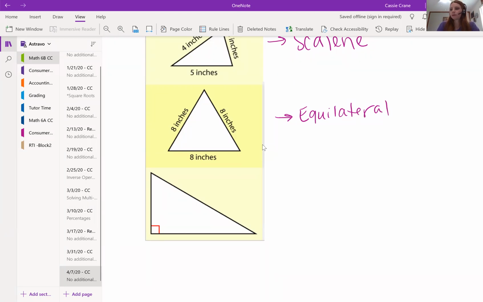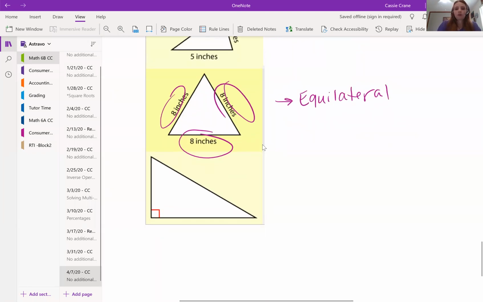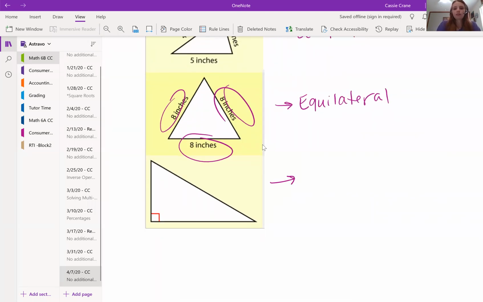Yep, exactly. 8, 8, and 8. And then the last one, yeah, this one, not necessarily by its sides, but by that angle. This one's a right triangle because it has a right angle. We don't know the side lengths, so if we looked at it, we could kind of guess, but since it doesn't have lengths written in there, we can't say yet if it's isosceles, scalene, or equilateral. But we do know it's a right triangle at least.